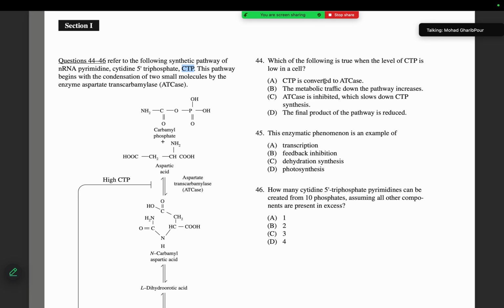Number 44, which of the following is true when the level of CTP is low in a cell?